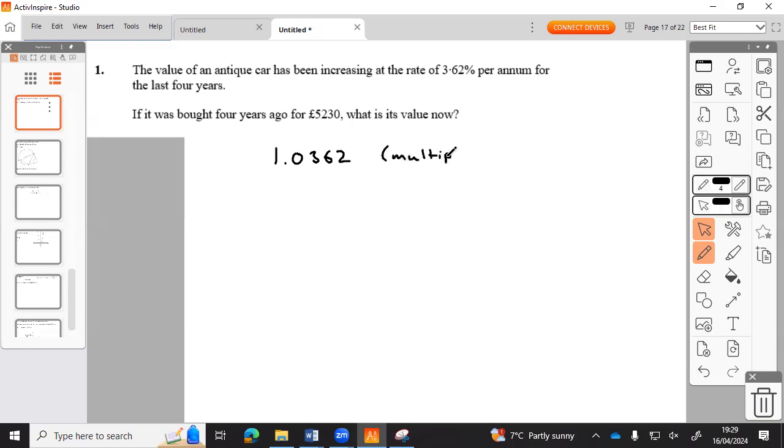That's what I'm going to multiply my original figure over time by.